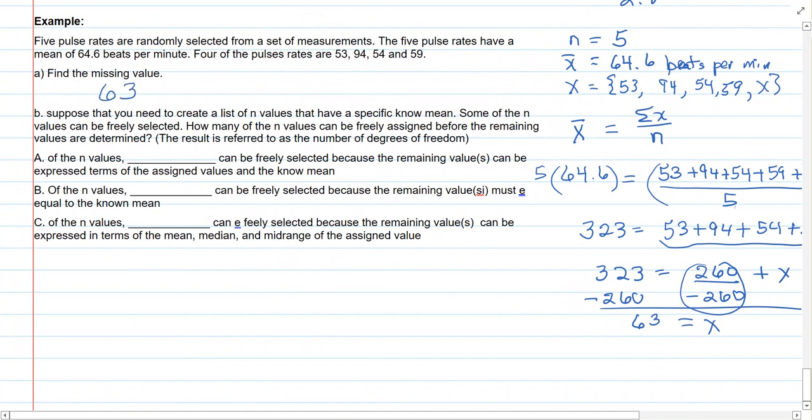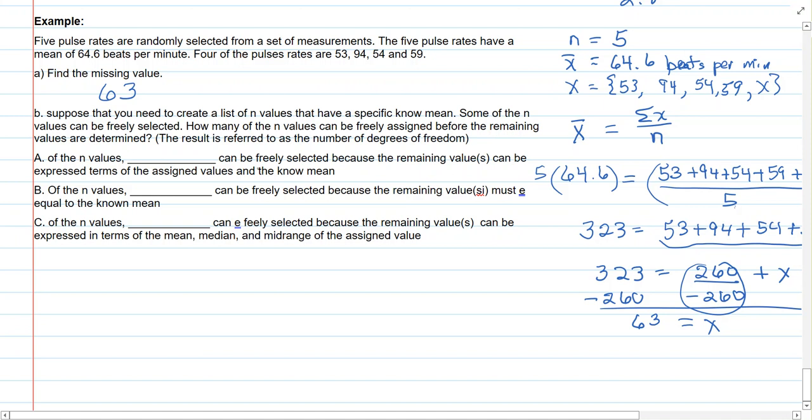All right. Now, the second part is, suppose that you need to create a list of n values that have a specific known mean. Some of the n values can be freely selected. How many of the n values can be freely assigned before the remaining values are determined?